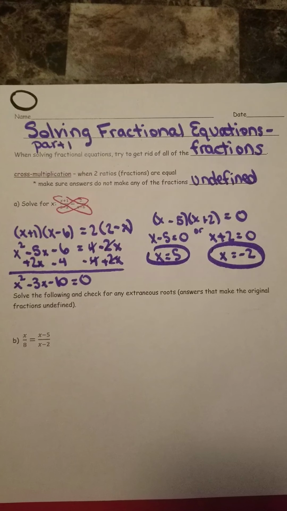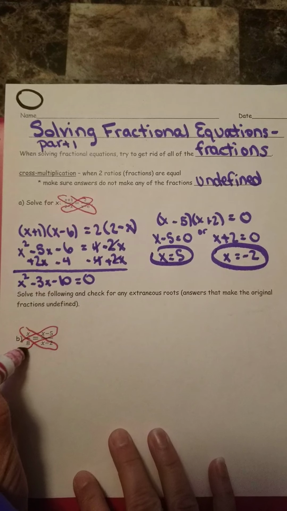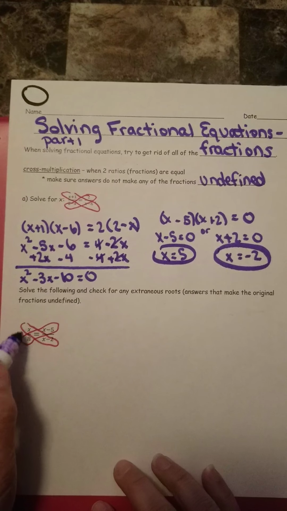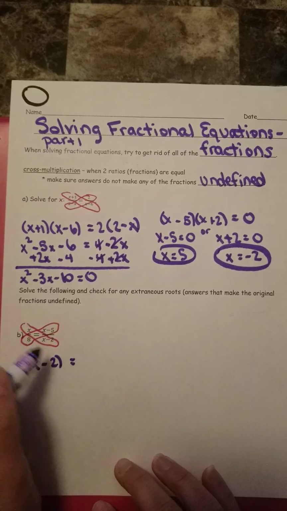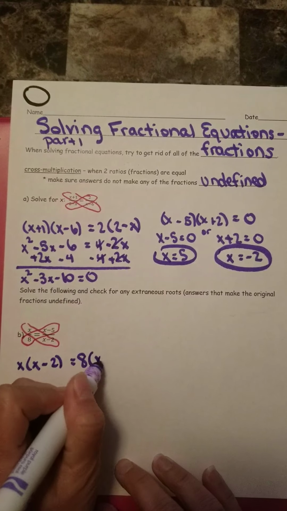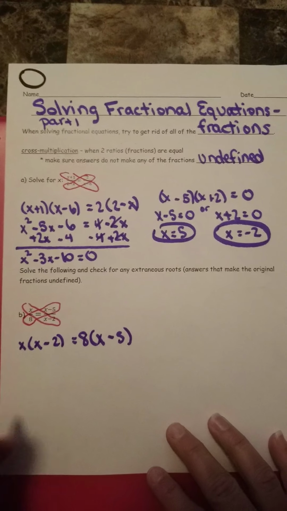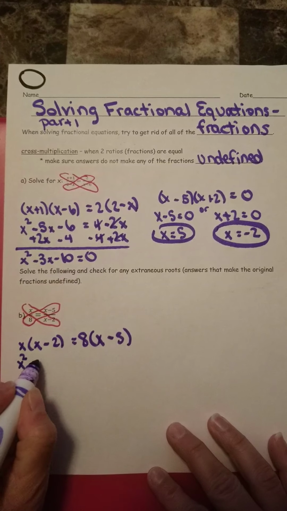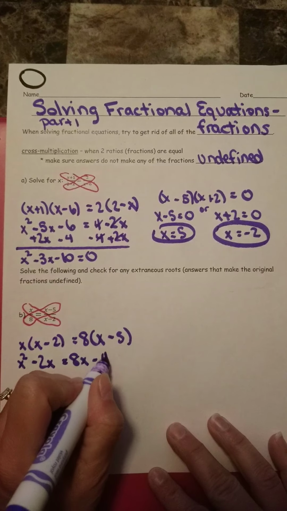On the second one, we have our loop. We're going to cross multiply. So I'm going to multiply x times x minus 2, and I'm going to multiply 8 times x minus 5. Now if I distribute, we have x squared minus 2x equals 8x minus 40.